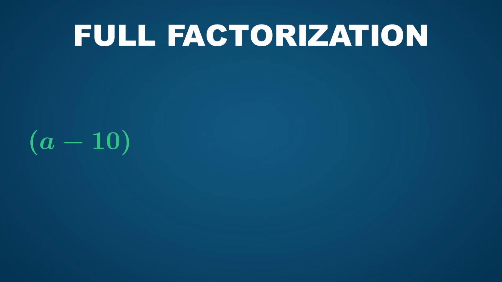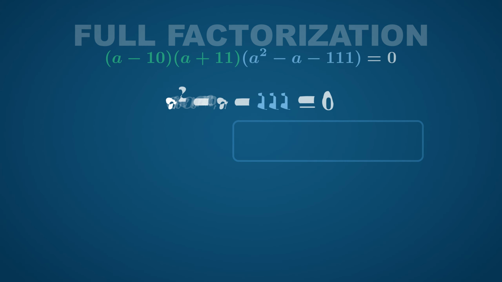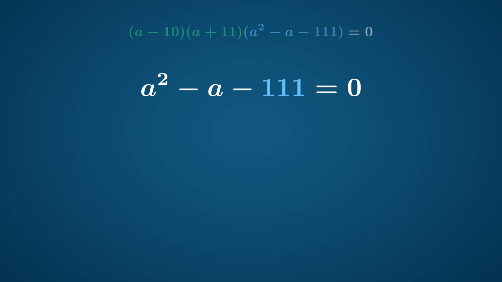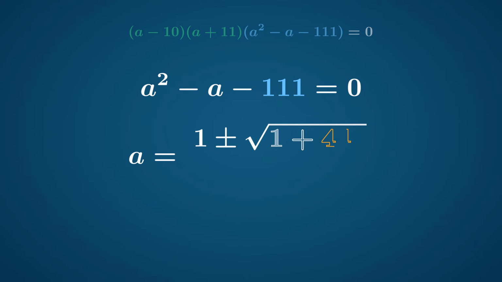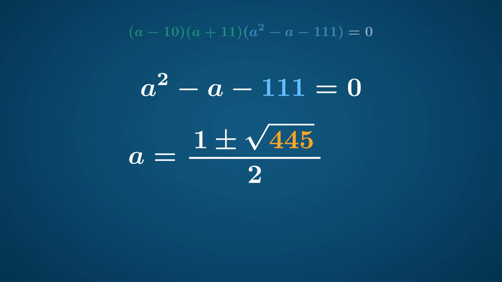So the whole quartic factors as a minus 10 times a plus 11 times a squared minus a minus 111 equals 0. The last piece is the quadratic. A squared minus a minus 111 equals 0, and the quadratic formula handles it. A equals 1 plus or minus the square root of 1 plus 444, all divided by 2. 1 plus 444 is 445.